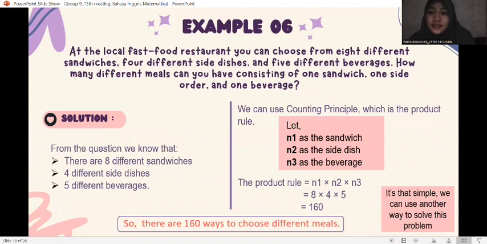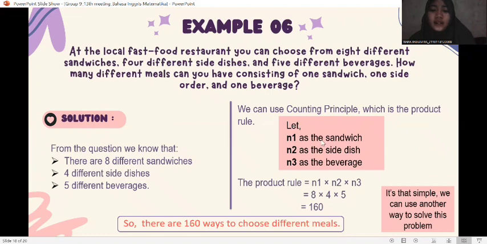Next, the last example is example 6. The question is: at the local fast food restaurant, you can choose from 8 different sandwiches, 4 different side dishes, and 5 different beverages. How many different meals can you have consisting of one sandwich, one side order, and one beverage? We can use the counting principle, which is the product rule.